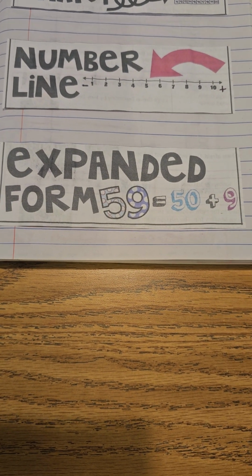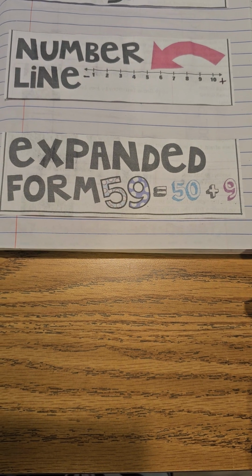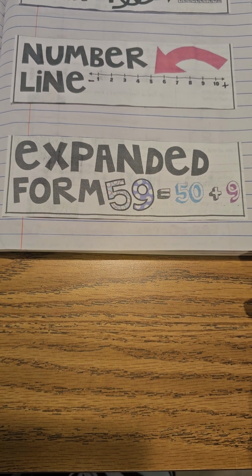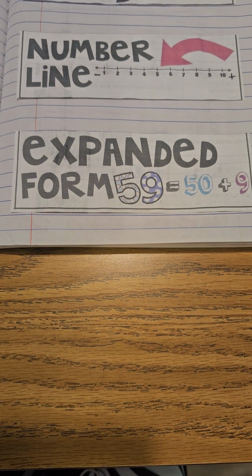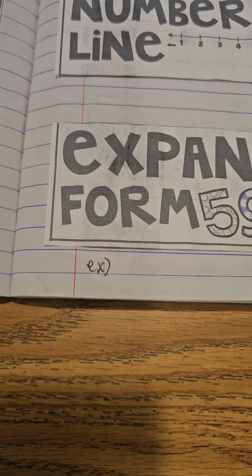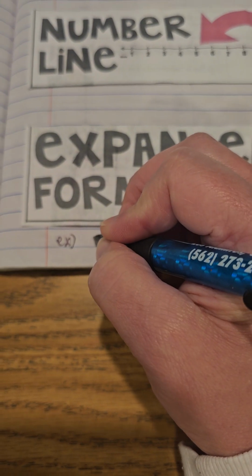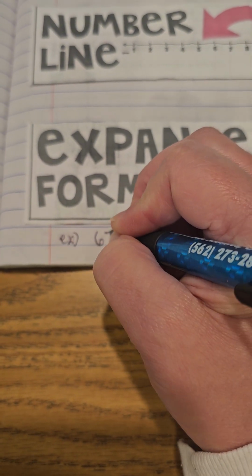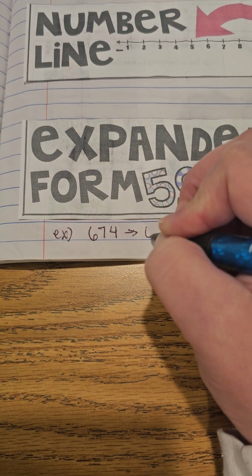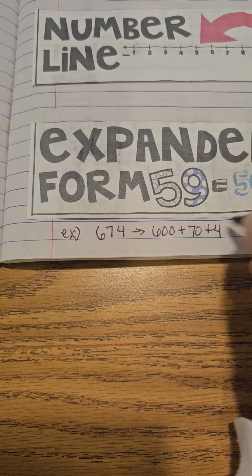Expanded form, 59 equals 50 plus 9. An example, EX. Example, we could do 674, and that would equal 600 plus 70 plus 4.